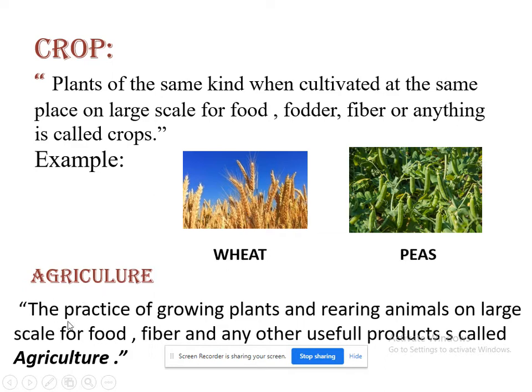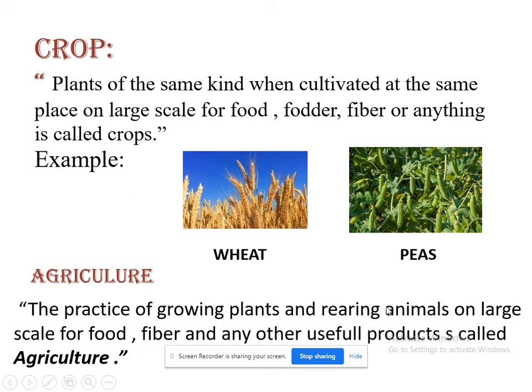Agriculture means the practice or process of growing these plants on a large scale. We are not talking only about growing plants. Agriculture is also known as rearing of animals, rearing of animals on a large scale, not one or two.